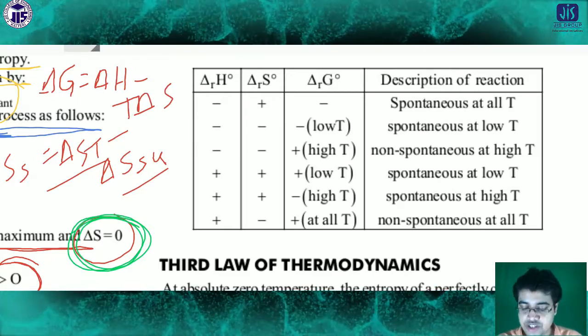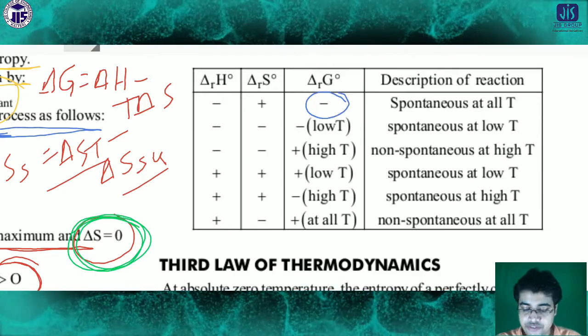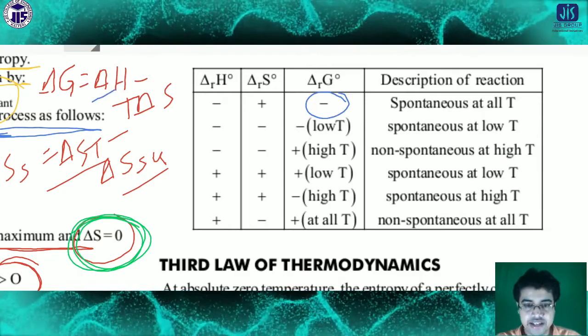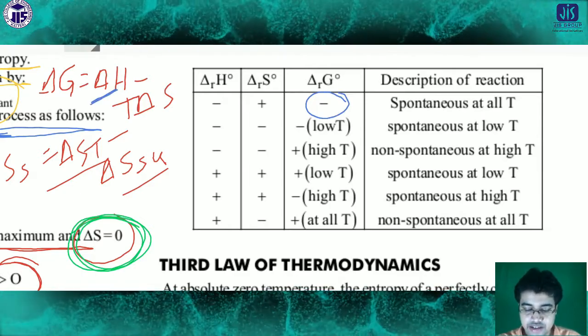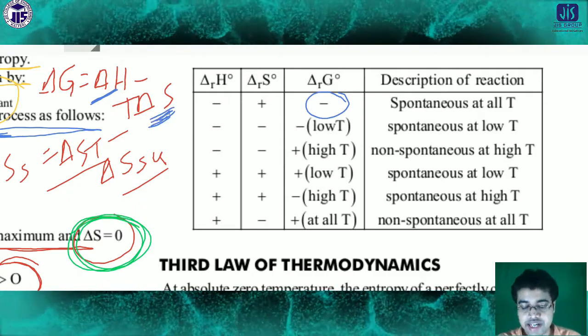In this equation, delta G will be negative if delta H is negative and delta S is positive. If delta S is positive, then obviously T delta S will be positive.